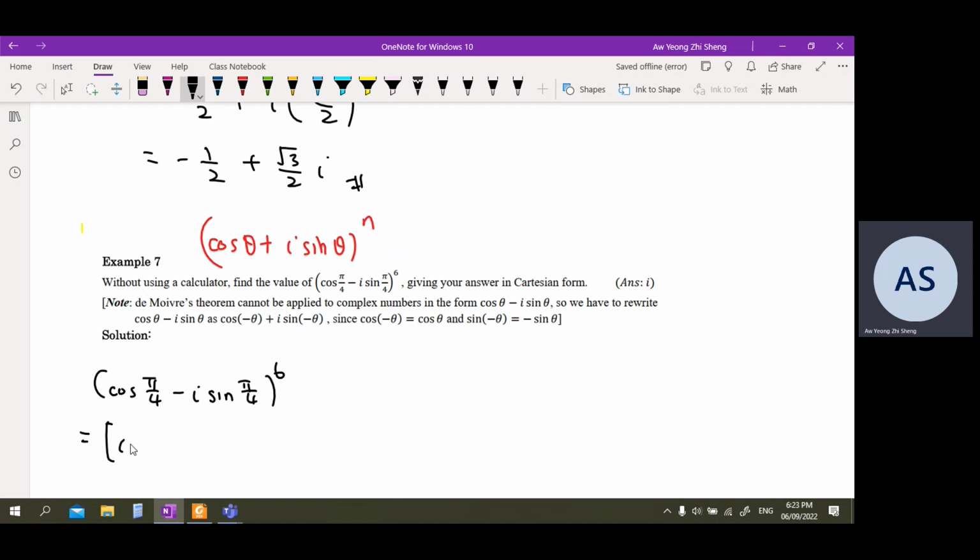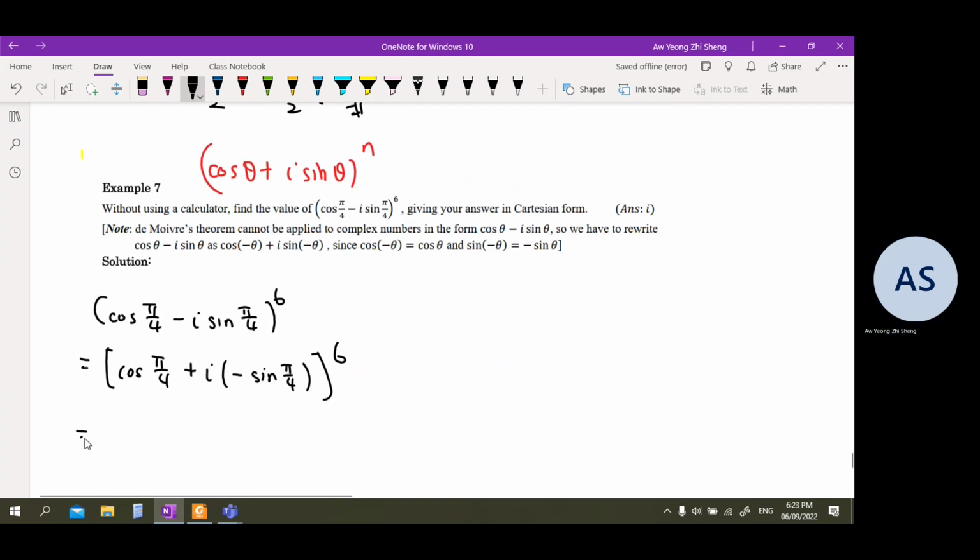Cos of pi over 4 is the same as cos of minus pi over 4. And maybe I do it a bit slower. Cos of pi over 4, I will keep it that way first. Then I will write as plus I negative sine pi over 4 so that it's more obvious what I'm doing. Okay.